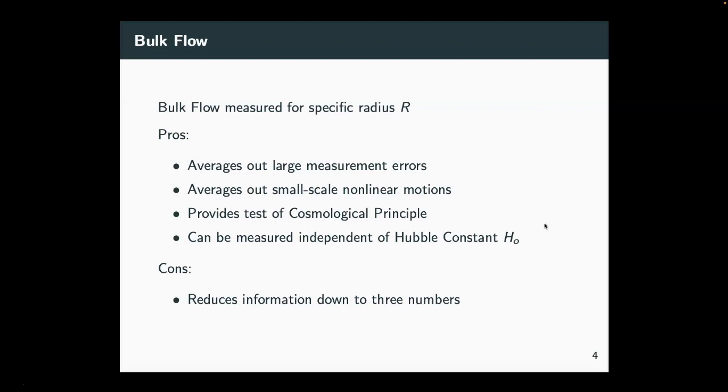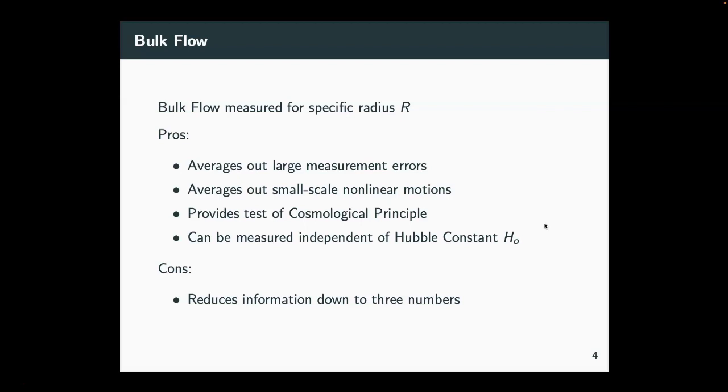This provides a test of the cosmological principle. If the universe really is homogeneous and isotropic, then the bulk flow should get small at very large radii. Also, this measurement can be made independent of the Hubble constant, H0.